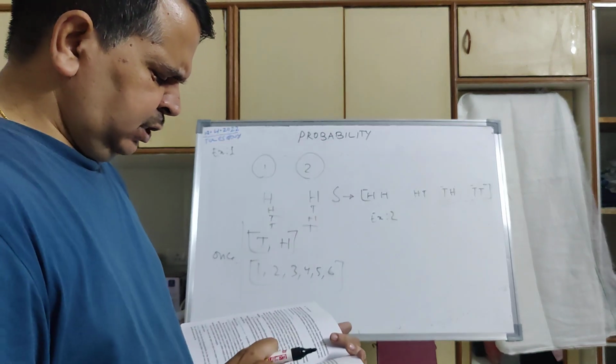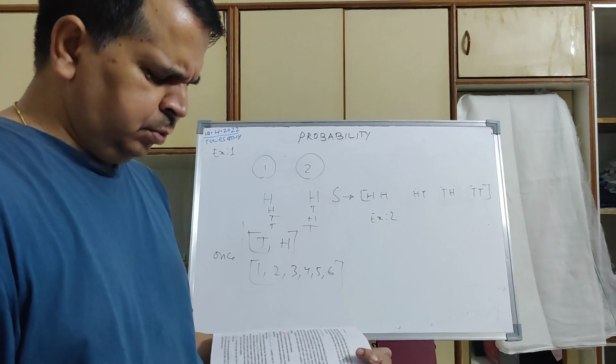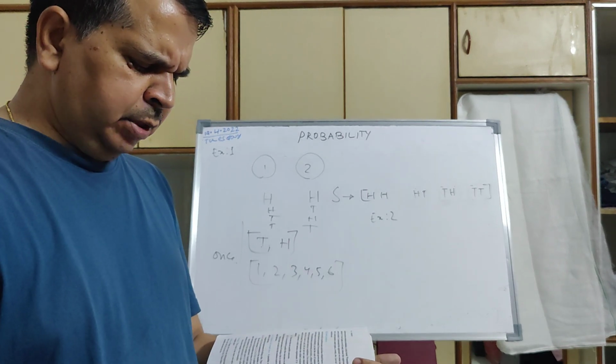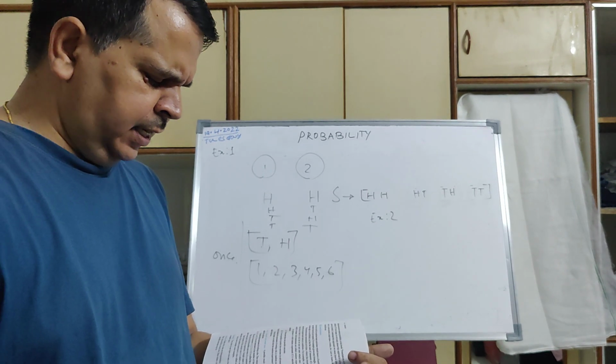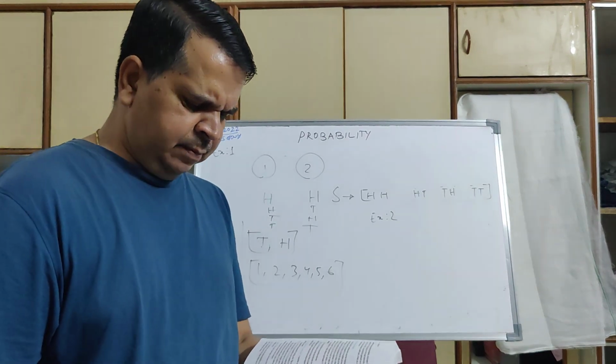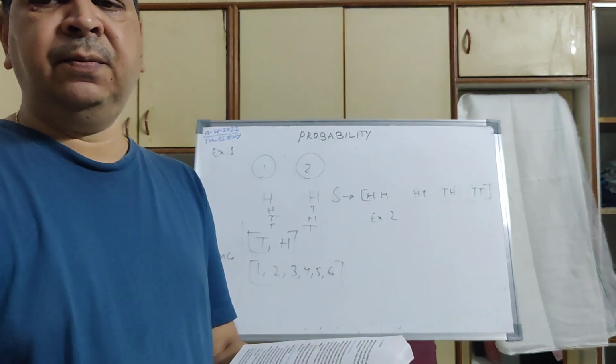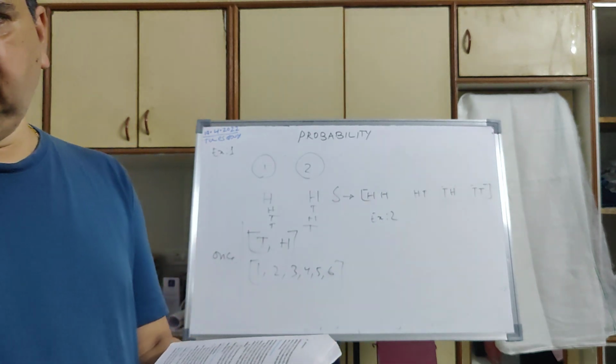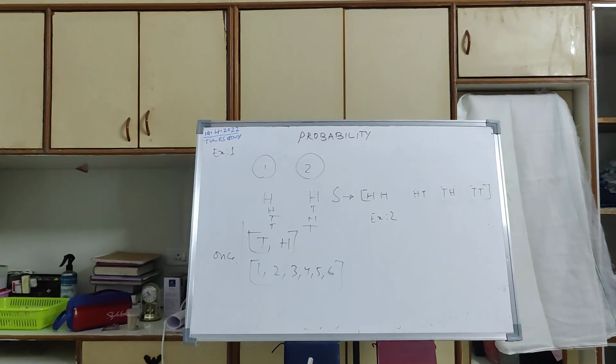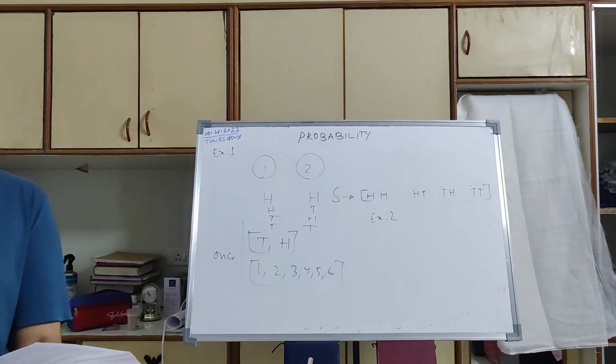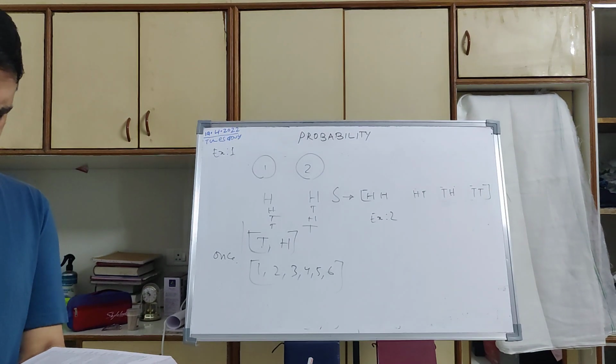So the experiment is rolling a pair of dice. Two dice. You are rolling two dice only once.